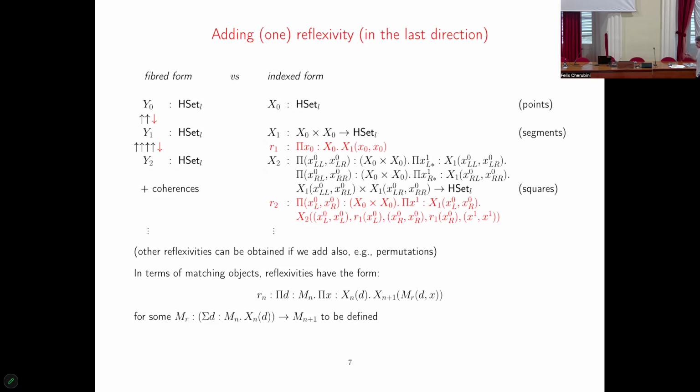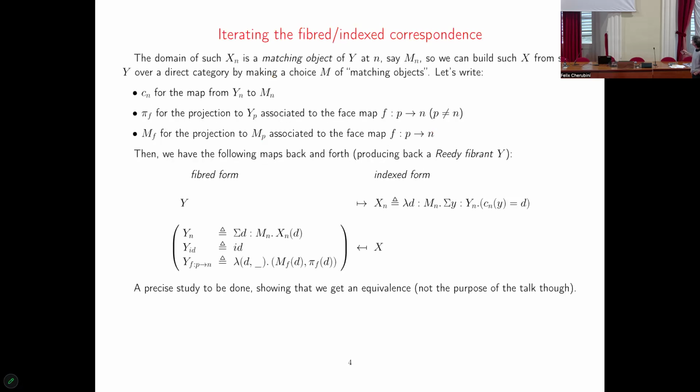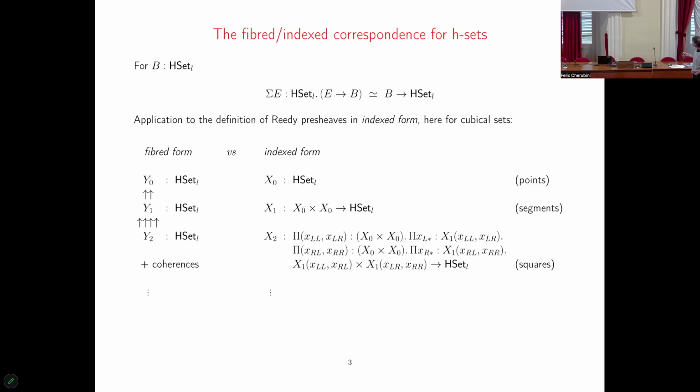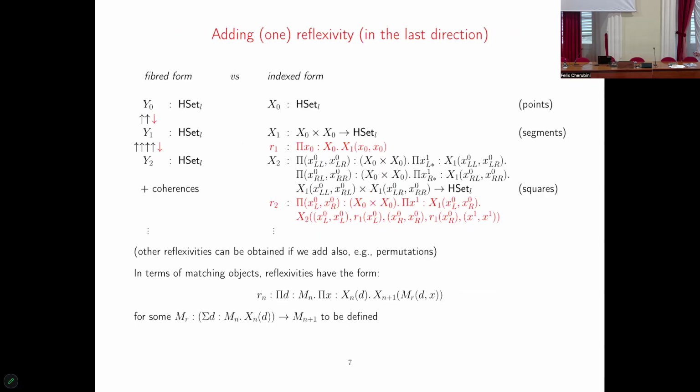And then the talk was about adding degeneracy. We completed the formalization of this part without degeneracies, generically for semi-simplicial and semi-cubical, maybe 2 years ago. And now we added the degeneracies.